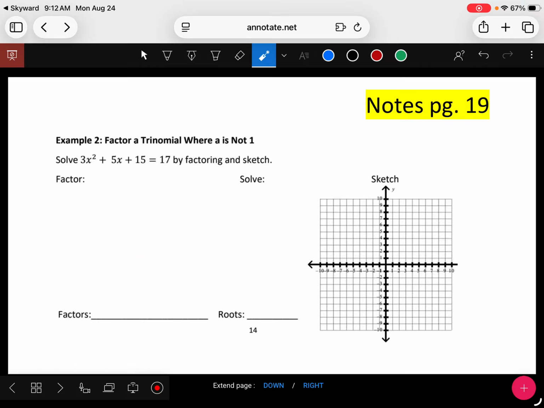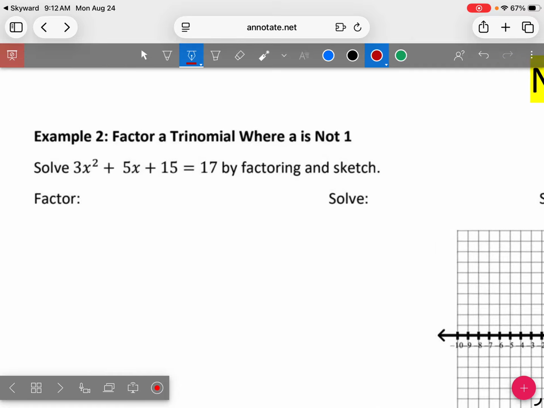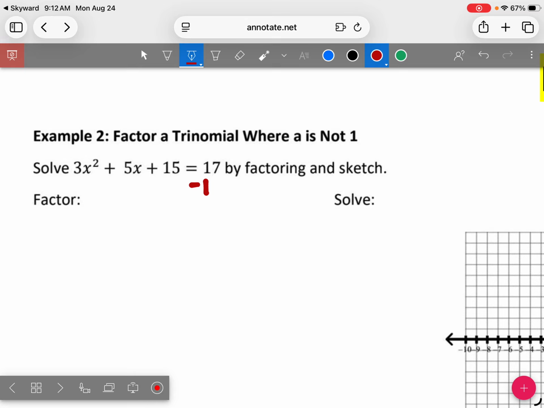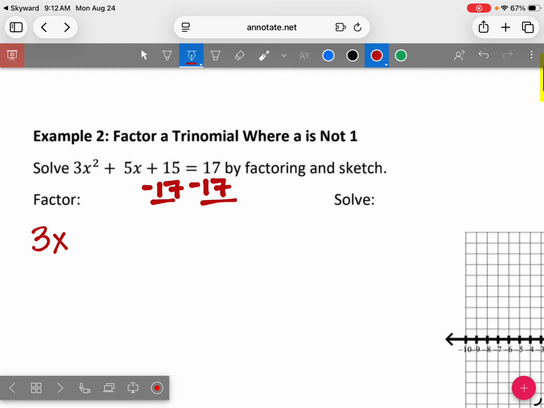Now, when we look at this first question, notice that this is not set equal to 0. So we still have to set it equal to 0. In order to do that, I am going to subtract that 17 from its like term. So I'm going to have 3x squared and then plus 5x.